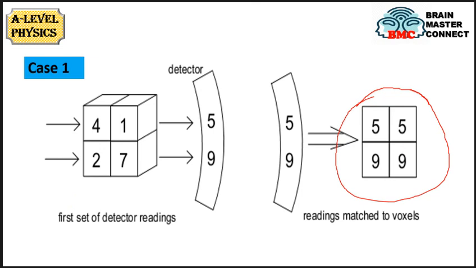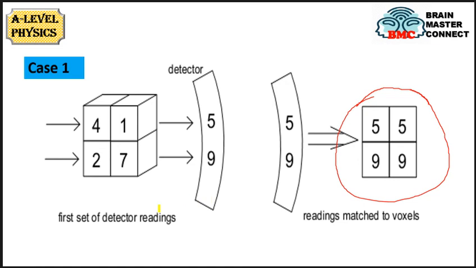Okay, so from here, what we got to do is to simply change the direction of the X-ray beam right there. And if we do that, as I've said, changing the direction of the X-ray beam will also result in changing the direction of the detector, because both of them move at the same time.